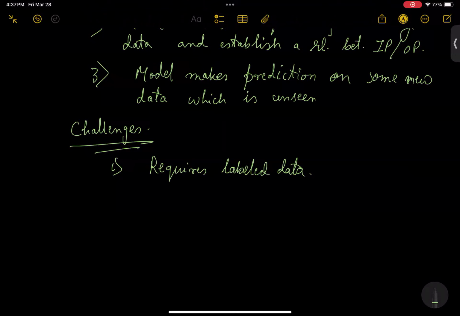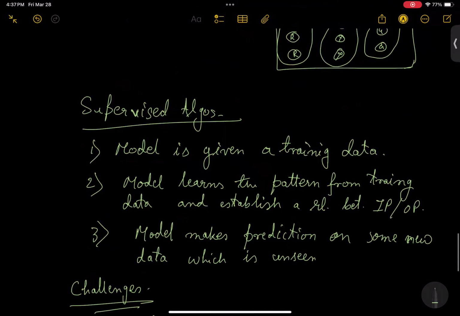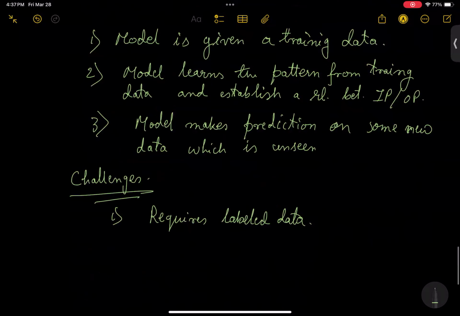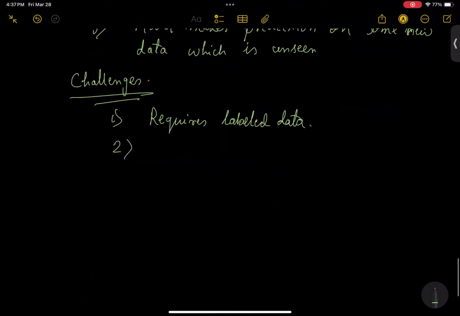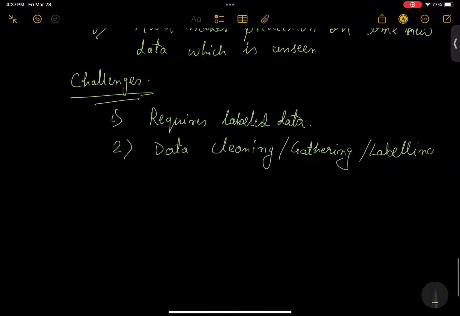But in order for us to establish any supervised system, data cleaning, gathering, labeling is a very costly exercise. Correct?